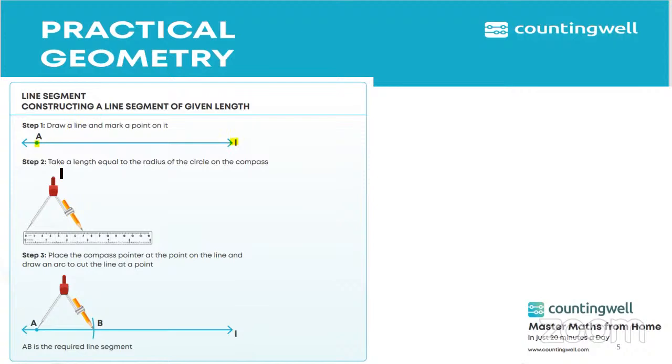Next step, we have to take a length on the compass. So we have the length 7 centimeter and then we mark the point B on the line which is equal to 7 centimeter. That should cut the line L at the point B. So we have AB as a required line segment.